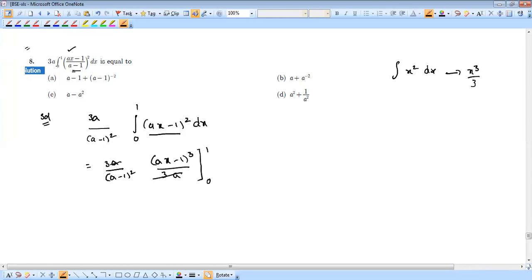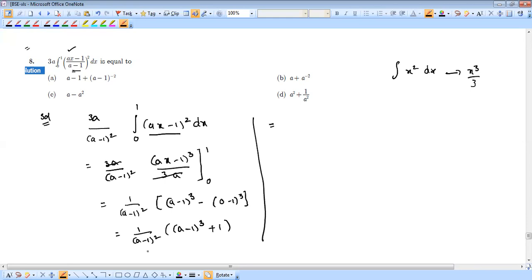Now 3a gets cancelled. So 1 by (a minus 1) whole square, apply the limits, upper limit first, so (a minus 1) whole cube minus (0 minus 1) whole cube. So 1 by (a minus 1) whole square times ((a minus 1) whole cube plus 1).